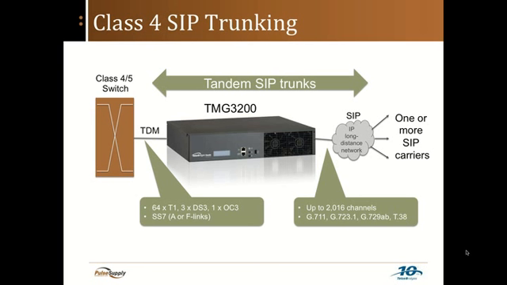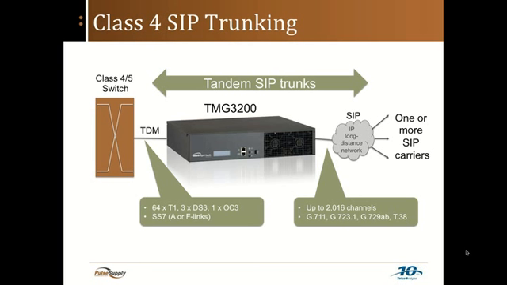The gateway here is specifically interfacing with either your tandem switch or a class 5 switch using any of the TDM interfaces that are listed here, but most probably in this case specifically using SS7 signaling with A or F links. Just note that these links may be redundant. There may be more than one or two A links or F links.